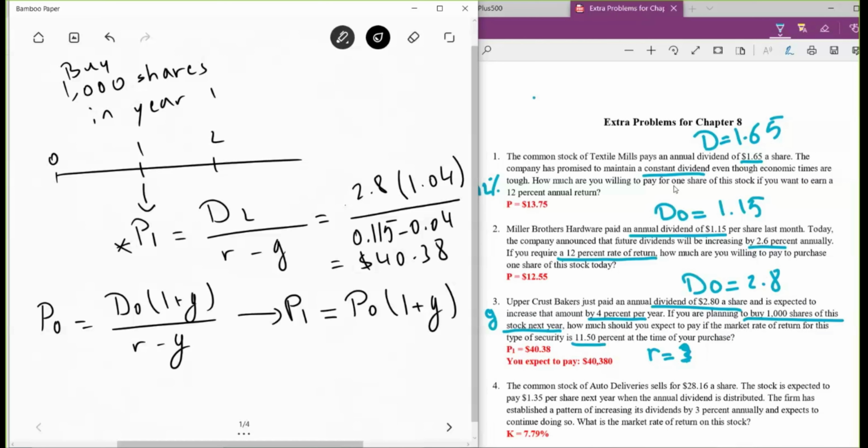So this is the price per share. Because I'm buying 1,000 shares, the amount that I need to pay after 1 year is 1,000 times 40.38. So this is $40,380.